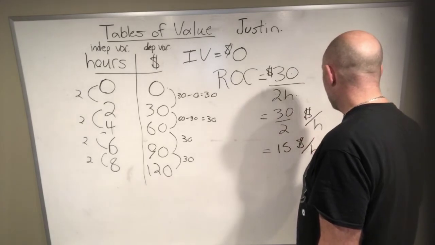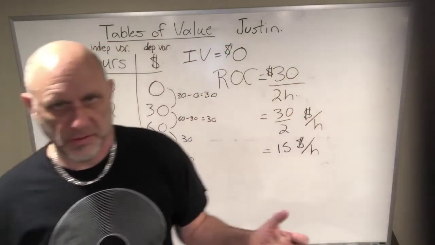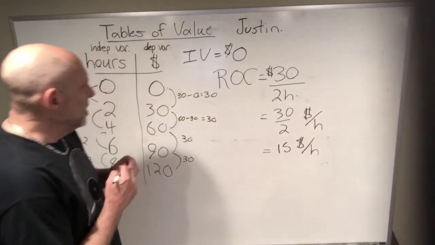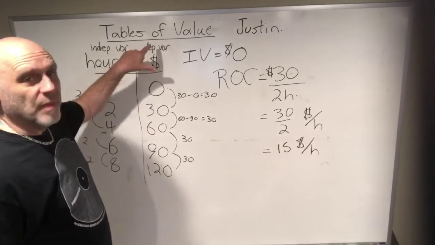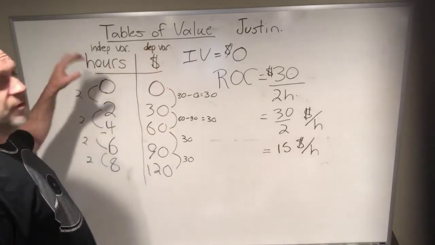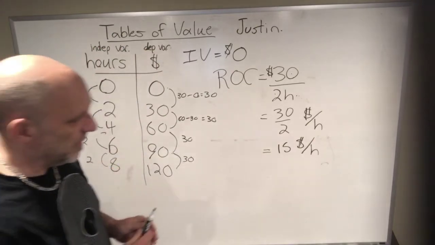Dollars per hour. And a rate is always something per something. That's the dead giveaway. Okay. And you always have the dependent variable on top, the change in the dependent variable divided by the change in the independent variable. That's the fraction that comes out.